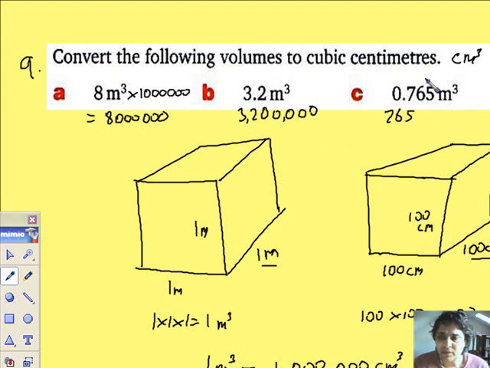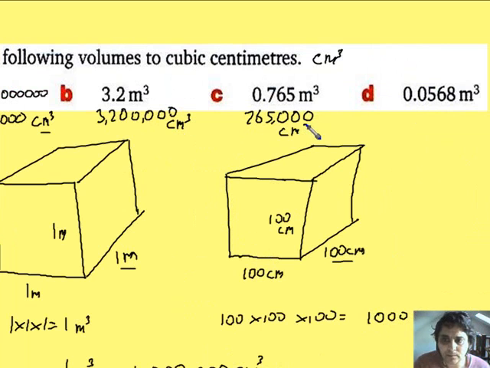This one, 0.765. Just move the decimal point across 6 times. 1, 2, 3 takes me this far. 4, 5, 6. So 0.765 metres cubed is 765,000 centimetres cubed. I ought to put centimetres cubed here for completeness, hadn't I? And this one.